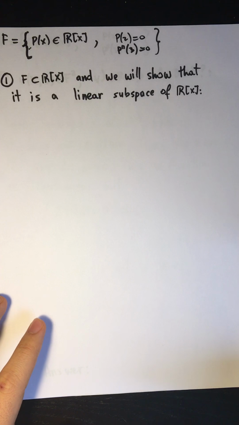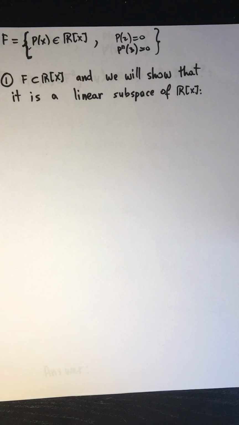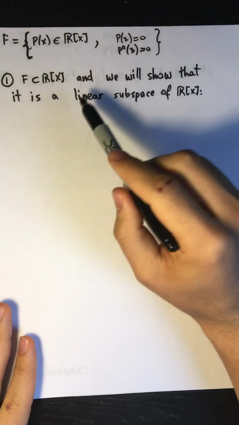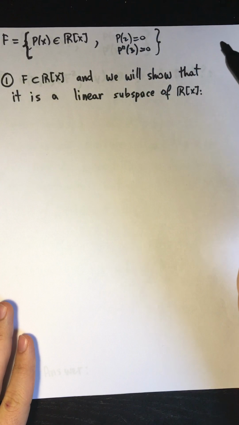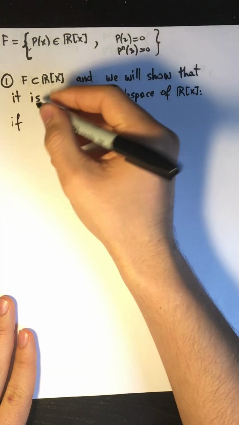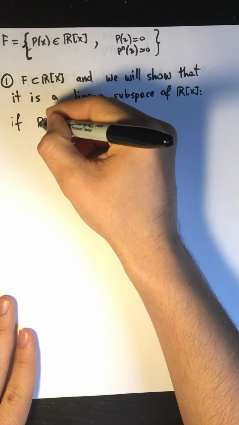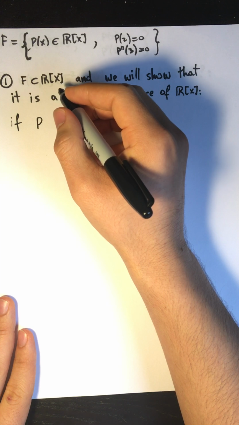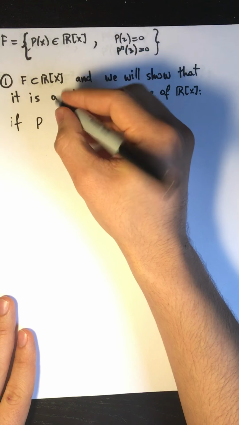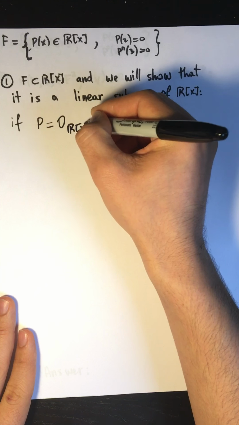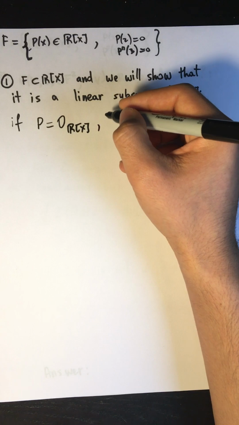So we have this F right now, and we have to check whether it's an RVS or not. F is a set of polynomials, and we'll show that it's a linear subspace. Let's get started. Let P be the given polynomial. Let's say P is equal to 0, the zero polynomial.